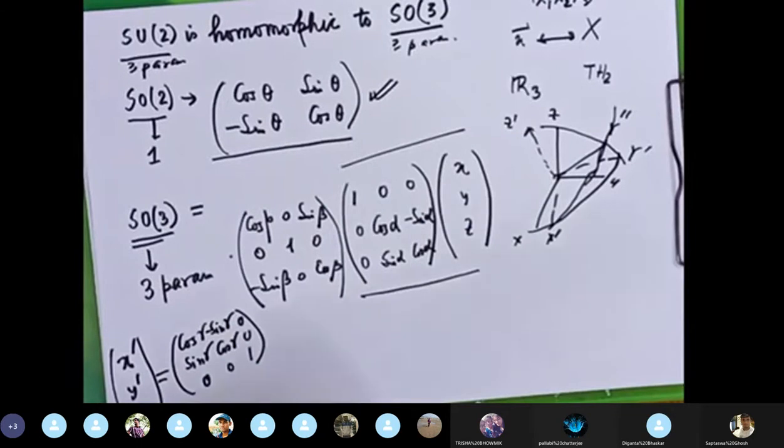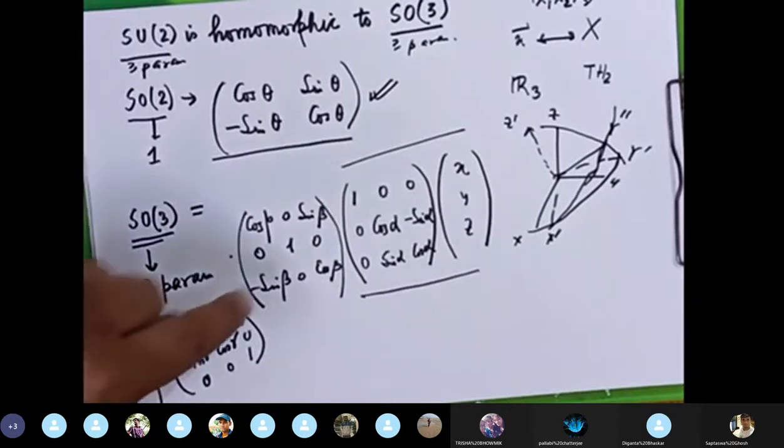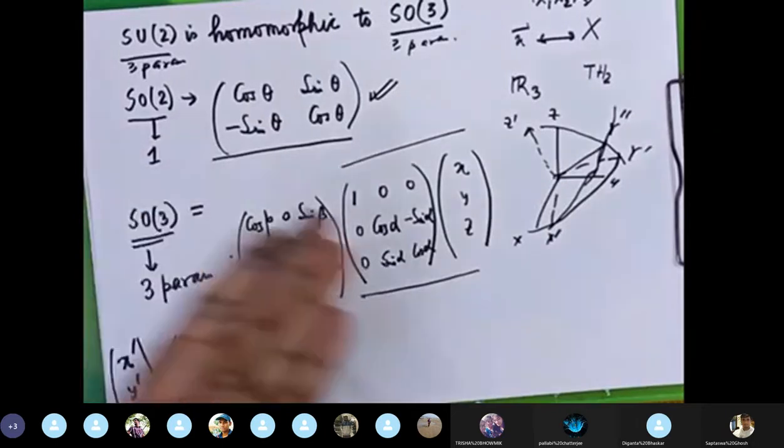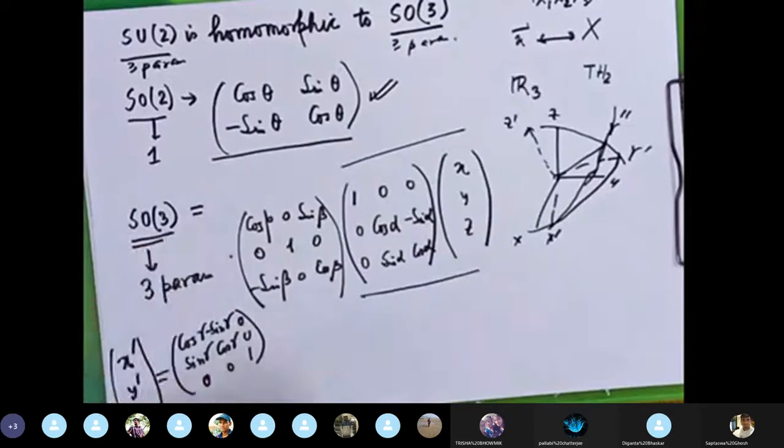So this is one way of parameterizing the SO3 matrix by three angles, alpha, beta, gamma, rotation about the x, y, z axes, in a perfect order. You can do it the other way around. I mean, you can do the y-axis rotation first, then the x-axis, then the z-axis, but whatever it may be, there will be a different parameterization.